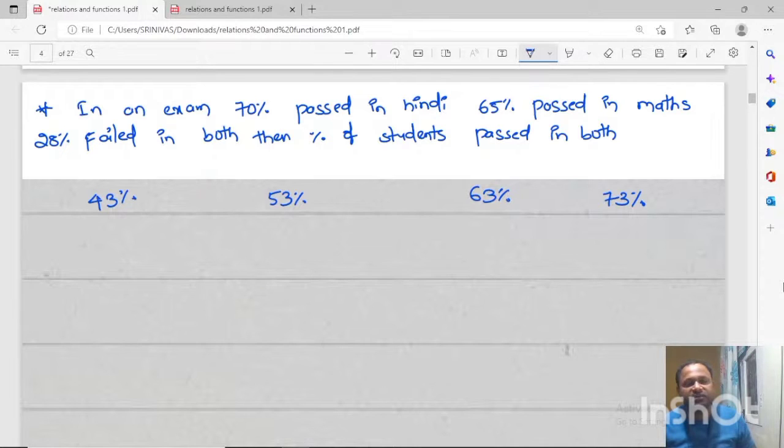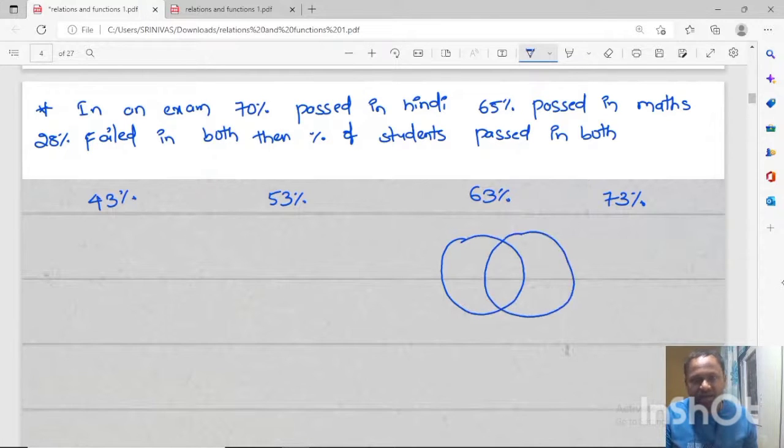See the question and try to solve the answer. What is given? In an entrance exam, 70% of the students passed in Hindi. See, I will draw the Venn diagram first as well as second. First one is Hindi and second one is maths.